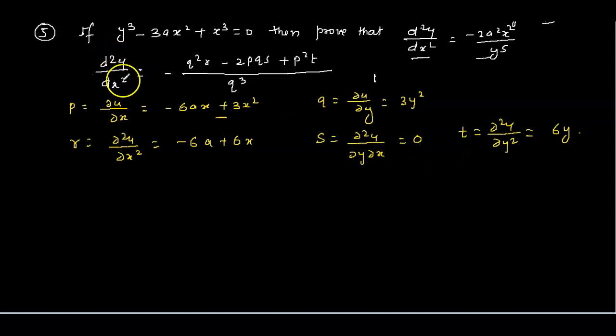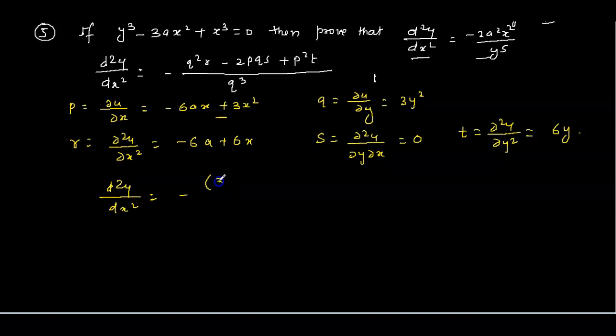Now we have to substitute in this double derivative. So d squared y by dx squared is equal to minus, as it is, q squared r. This minus is for all here, so I'm not confused here. As it is q squared, q squared becomes 9y to the power of 4.